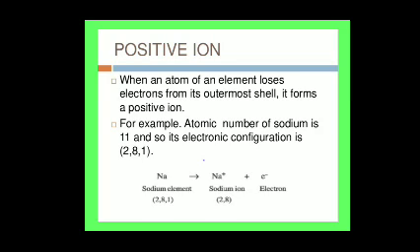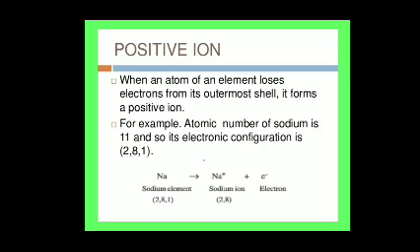When an atom of an element loses electrons from its outermost shell, it forms a positive ion. Sodium metal combined with chlorine gas to form a crystalline solid, sodium chloride.